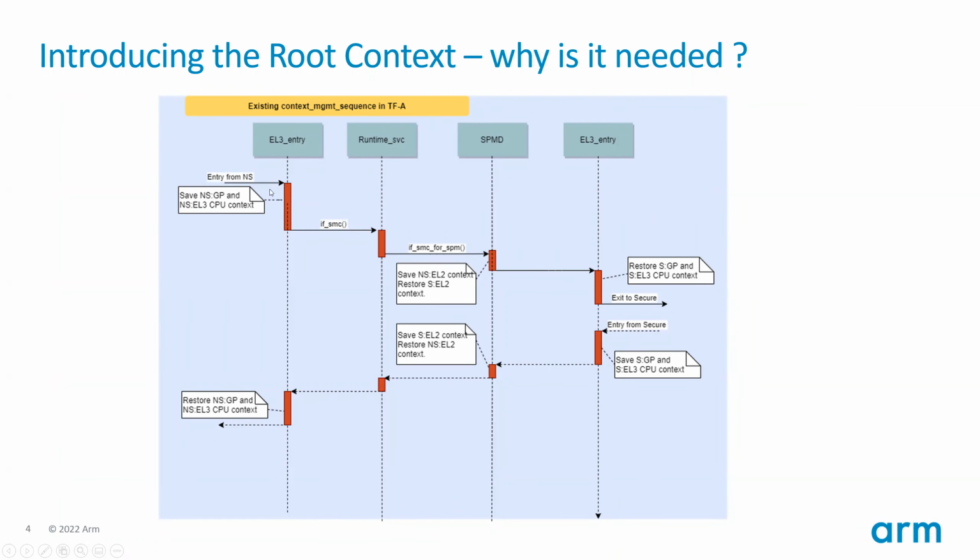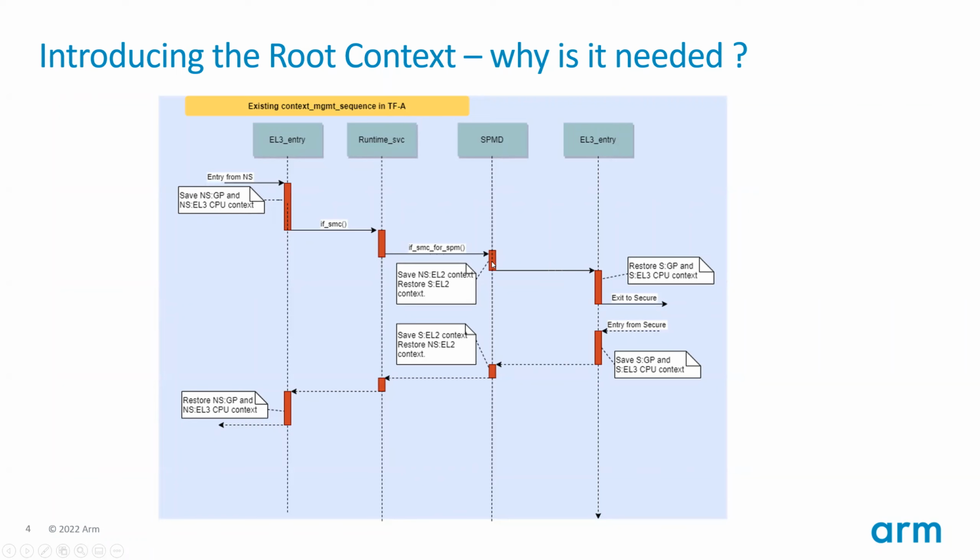When we enter EL3 from non-secure, EL3 would save the non-secure general purpose registers and the non-secure EL3 CPU context. Depending on the SMC, if it is for SPM, it would get delivered to SPMD. SPMD then decides to enter secure EL2, and it would save the non-secure EL2 context and restore the secure EL2 context.